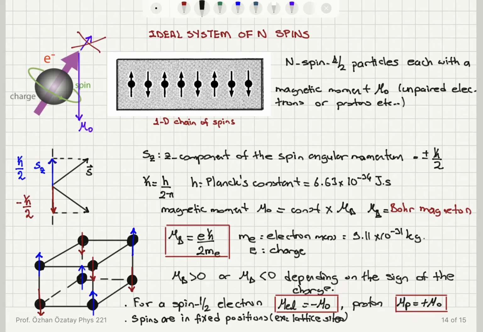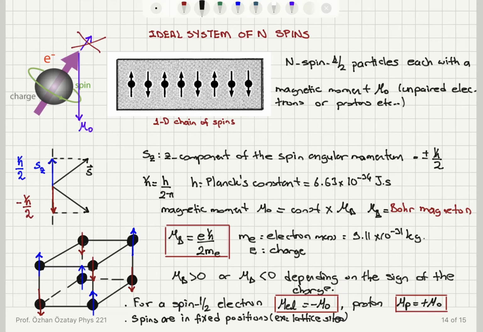Now, some more details about results that you will see in quantum mechanics. What we are referring to as the spin is actually the z component of the spin, and the z component is basically the axis on which you apply an external magnetic field as a reference. So the z component can be plus h bar over 2 or minus h bar over 2, where h is Planck's constant, 6.63 times 10 to the minus 34 joule seconds.